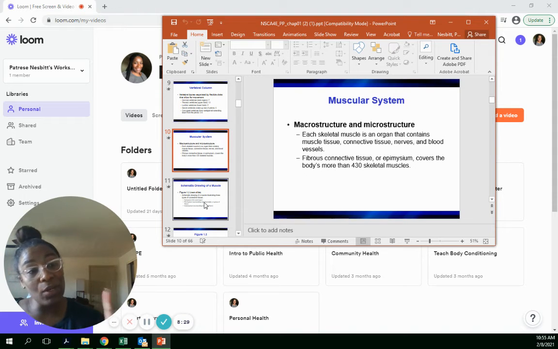Now, one thing I want you to remember is that superior is also cranial. Inferior is also caudal. Anterior is also ventral and posterior is also dorsal. So those are things you should definitely reacclimate yourself with over time.